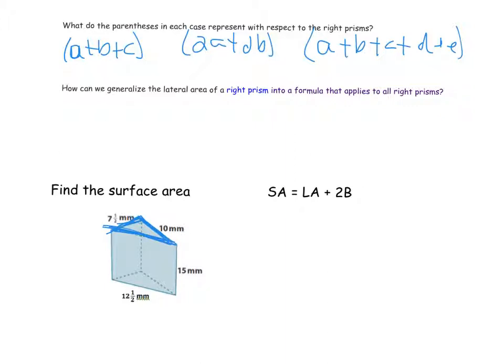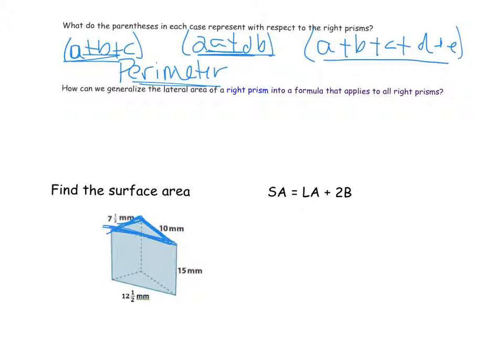Think about it. I'm hoping that your mind made the leap to the perimeter. So for each of these, that was the perimeter of the rectangular base. This was the perimeter of the triangular base, rectangular base, and the base that looked like a hexagon.